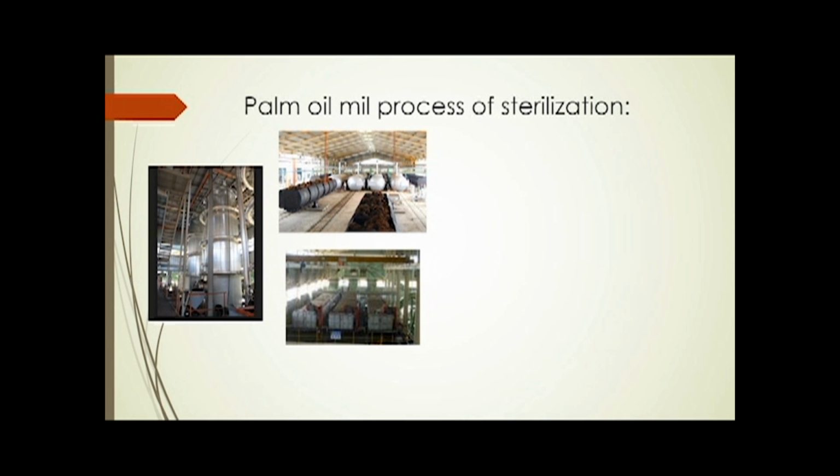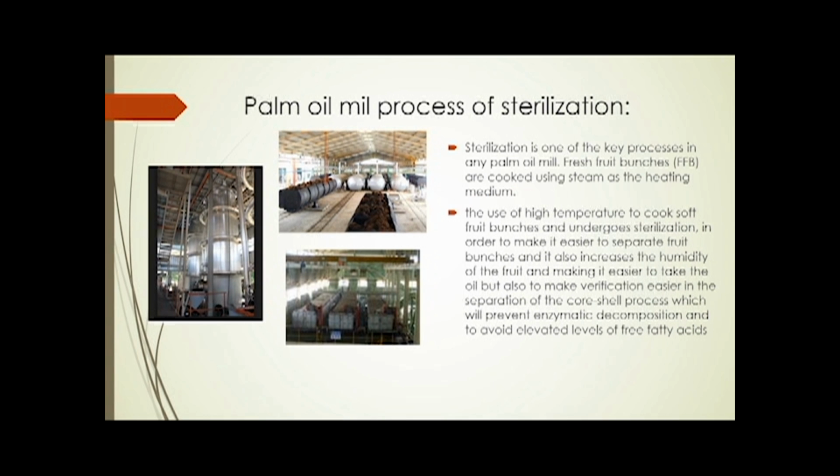Palm oil mill process of sterilization. Sterilization is one of the key processes in any palm oil mill. Fresh fruit bunches are cooked using steam as the heating medium. The use of high temperature is to cook the fruit bunches, and they will undergo sterilization in order to make it easier to separate the fruit from the bunches.